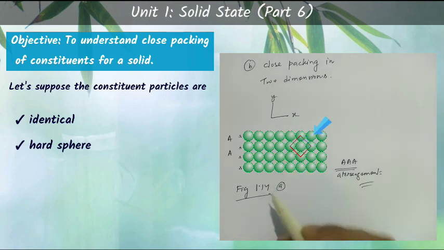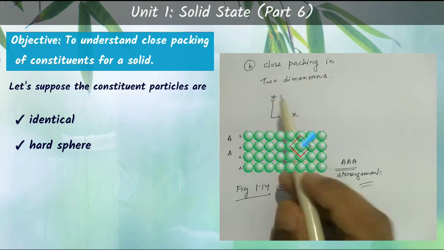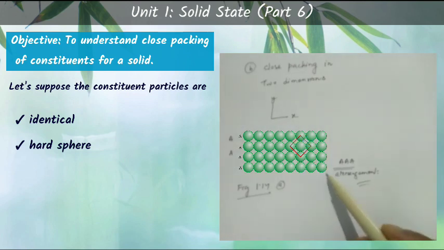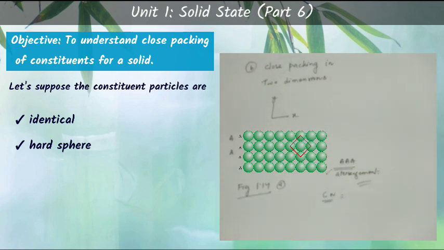That's why the coordination number in close packing in 2 dimensions, if the packing arrangement is A type, will be 4.